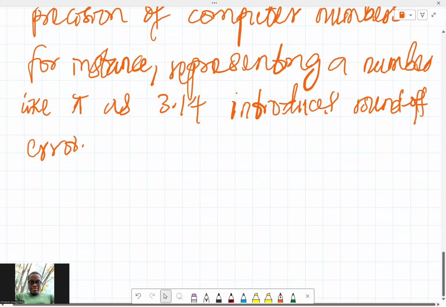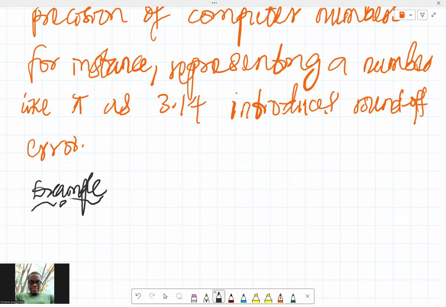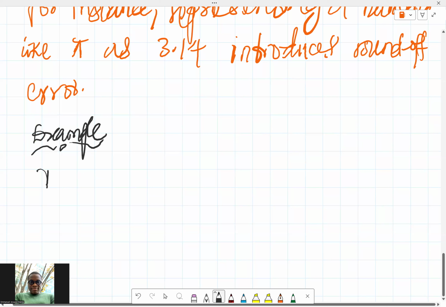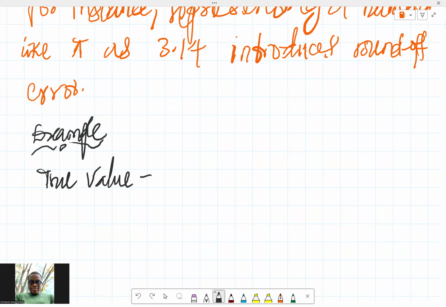Let's look at an example surrounding pi. We know the true value of pi is 3.1415926535. I mean, that's not even the most accurate, it can keep going, but assume that that's the true value.